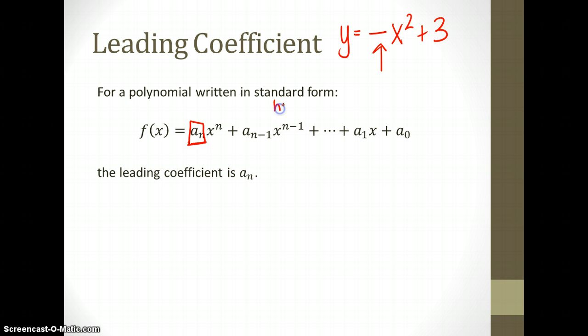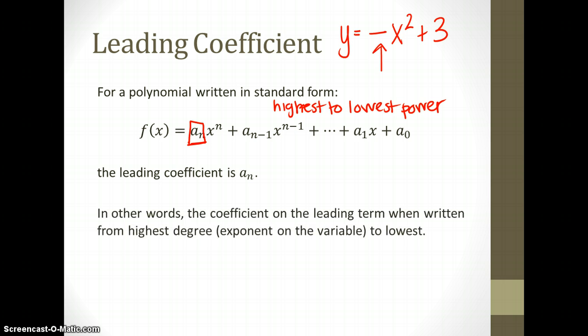Standard form is highest power to lowest power. We've already used the leading coefficient to help us out, and we're going to go a little further into what it's telling us. So what is it? It's just the first number you see when you write your polynomial in standard form. If we go back to that same polynomial we saw before, the leading coefficient is -4.